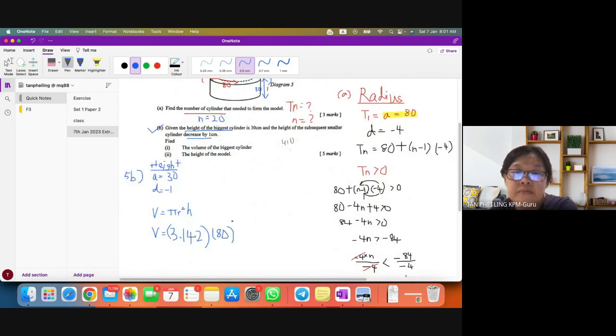And then the height, we need to substitute with the given 30. All right, so calculator, everybody. This one is straightforward. Calculator: 3.142 times 80 square times 30. What's your answer, Farisha?